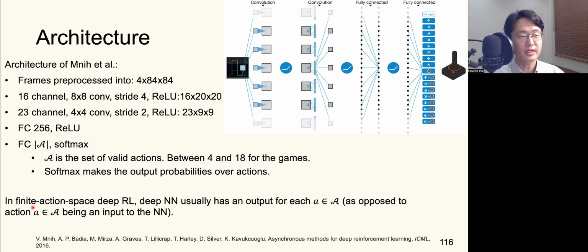In any case, this is the neural network architecture that's used for a lot of these games. In the 2016 paper, four frames are fed into the neural network, and the screen resolution is downscaled to 84 by 84 pixels. Then these images are processed with a convolutional neural network.